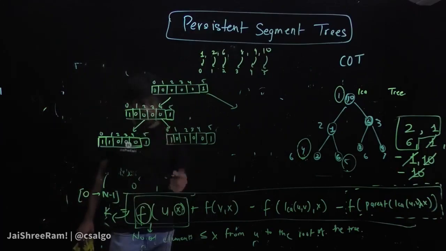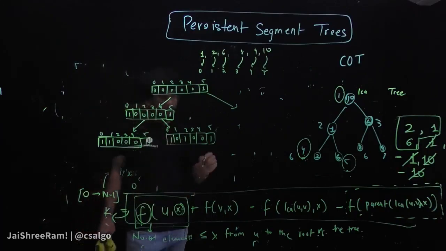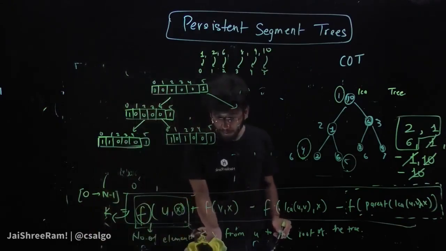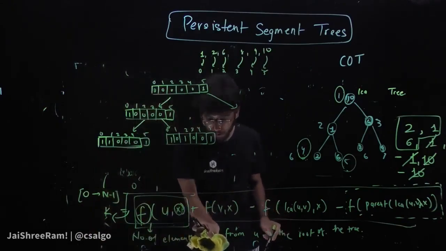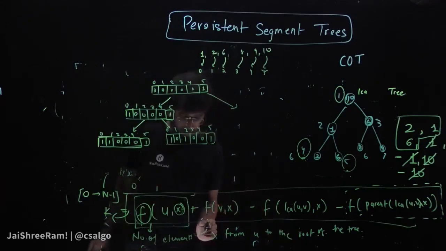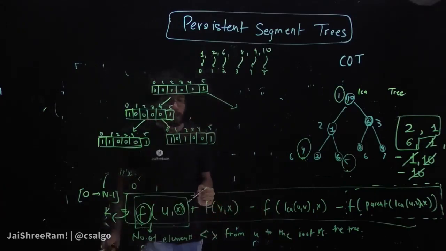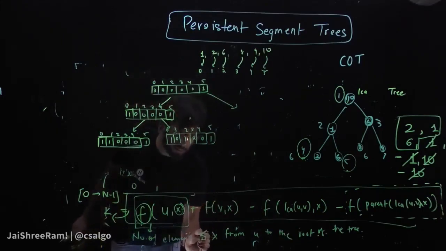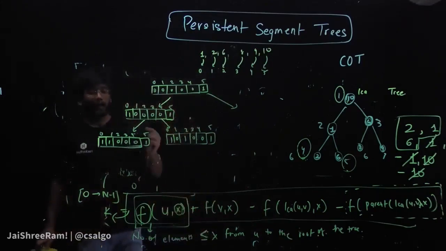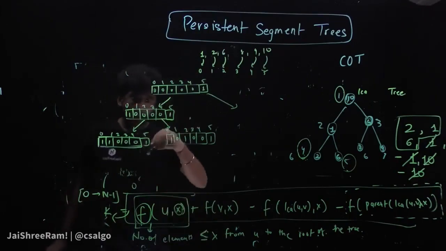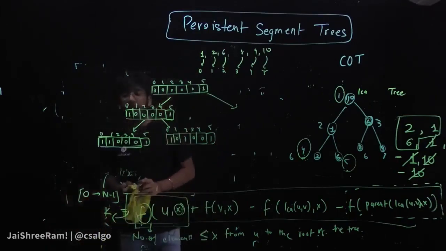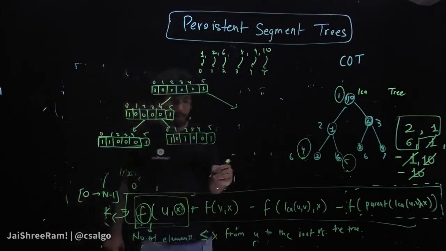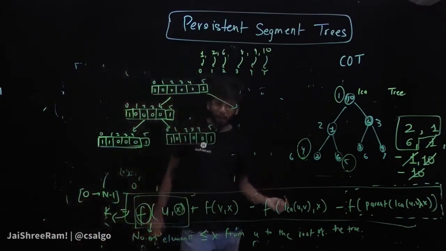So instead, I should change this function to be the number of elements less than x. But there can still be an issue if we have a 0 over here, because we cannot be sure whether this element is actually there or not.